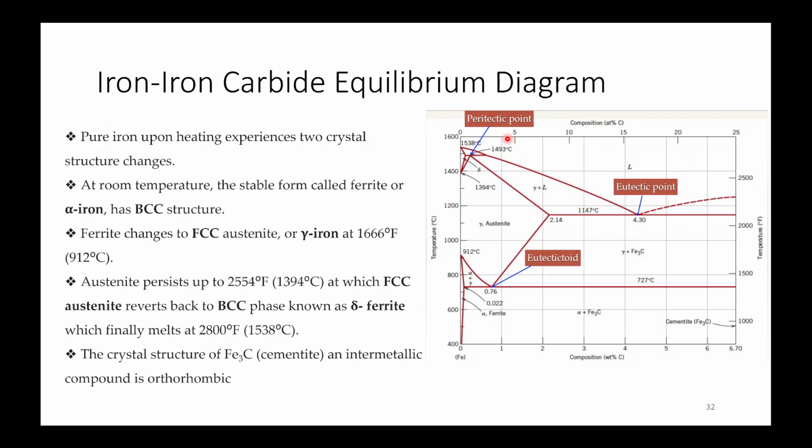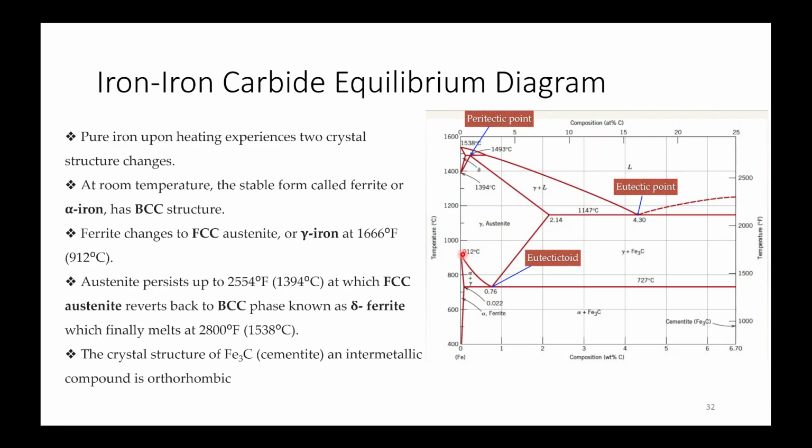First, we will be joining the single phase regions like alpha, gamma, and delta. Then how will we be connecting the other points? What do you mean? Why do you want to connect this to other points? Not these points. I mean, the 912 degrees Celsius point, only the 0 and 912 degrees Celsius point is connected to the reaction line, isn't it?